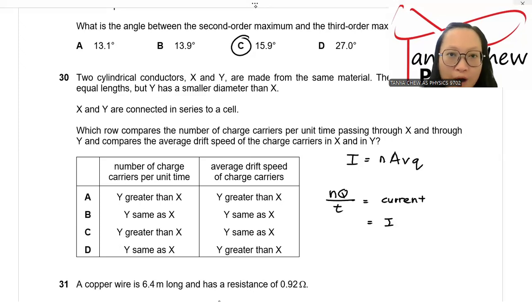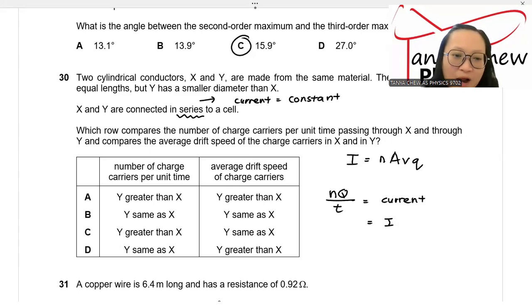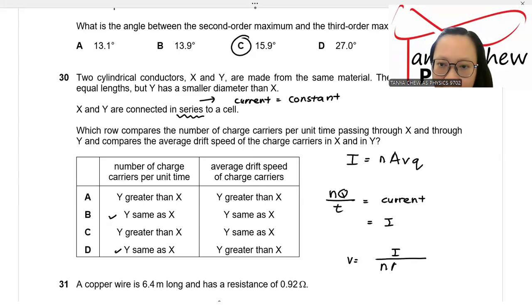And these two wires, X and Y, are connected in series. In series, current is always constant. So that is why Y is the same as X. B or D could be the answer. But for the average drift speed, make the drift speed the subject: v is equal to I over nAq.